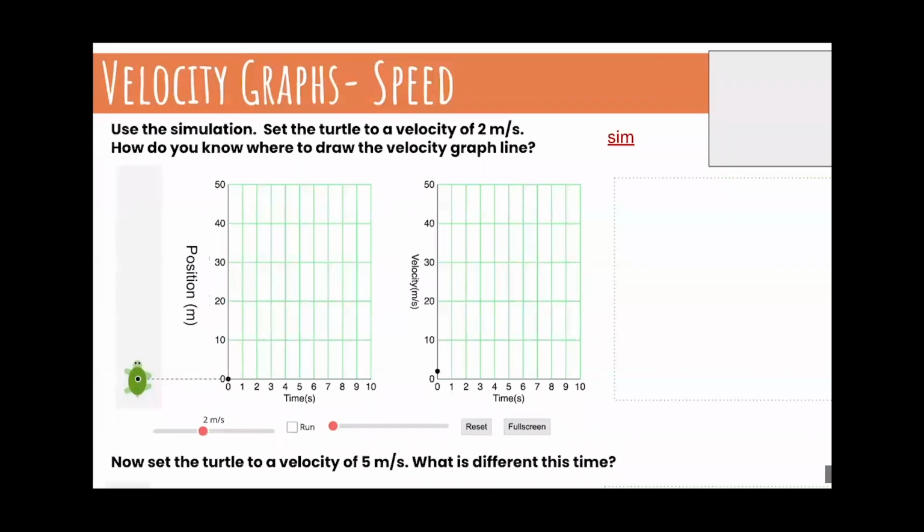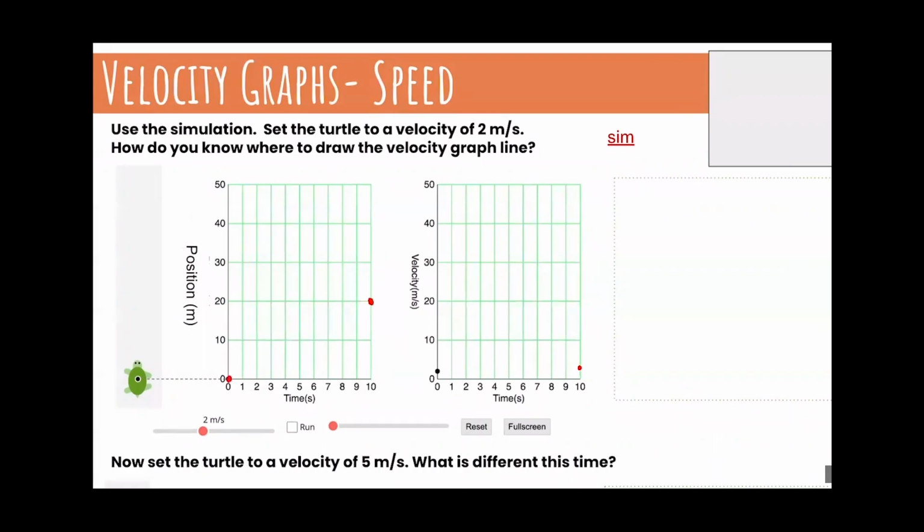So given what we know from what the turtle did at 2 meters per second, we're going to draw our line at 2 meters per second. The turtle started off at 0 and ended at a position of 20 meters. And so for the velocity, we saw that the turtle did not change its velocity, and it remained the same throughout.